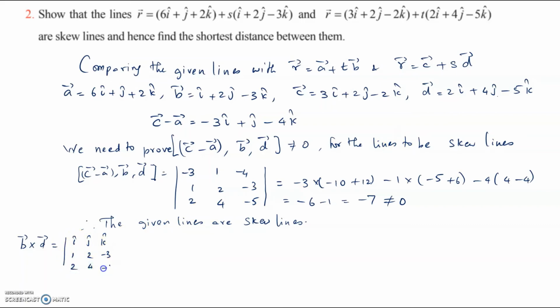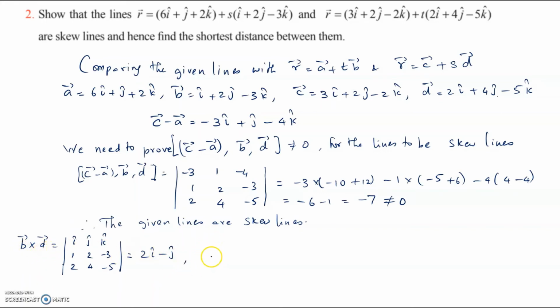Solving this, we get 2 i cap minus j cap. So this is our B vector cross product with D.